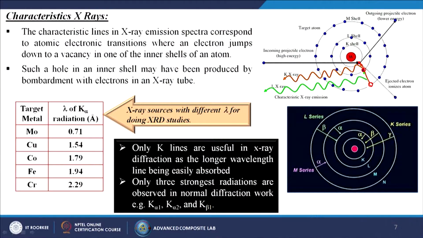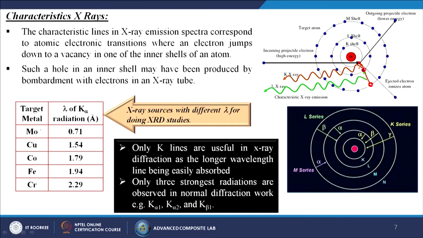Such a hole in an inner shell may have been produced by bombardment with electrons in an X-ray tube. When the electron jumps from one shell to another, X-ray emission takes place, but generally we prefer that the electron jumps into the inner shell so that the intensity will be more.